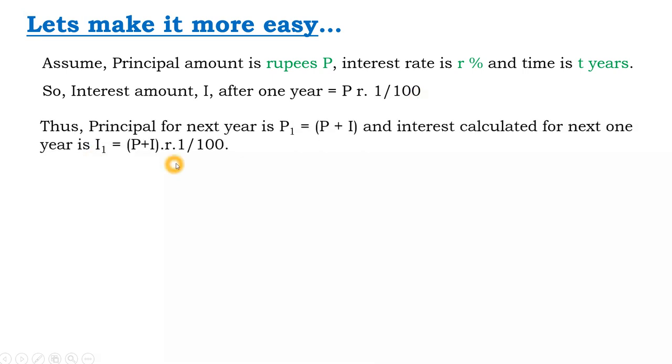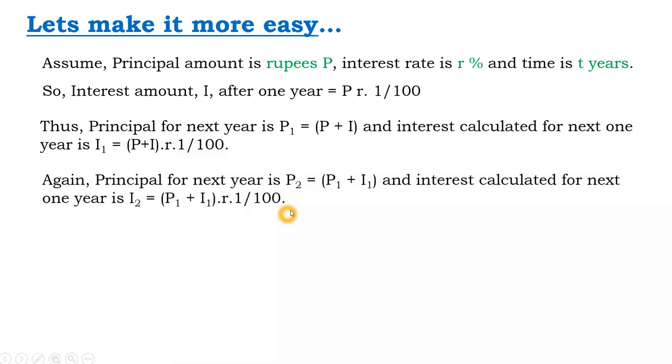Thus, principal for next year, P1, will be the previous year principal and the interest amount I. So the total principal for next year will be P1 is equal to P plus I, and the interest calculated for the next 1 year is I1, which will be calculated on the basis of P1, which is P plus I. So I1 is equal to (P plus I) into R into 1 year divided by 100.